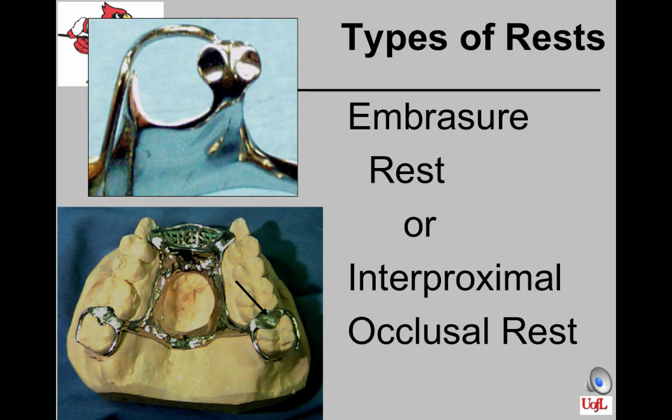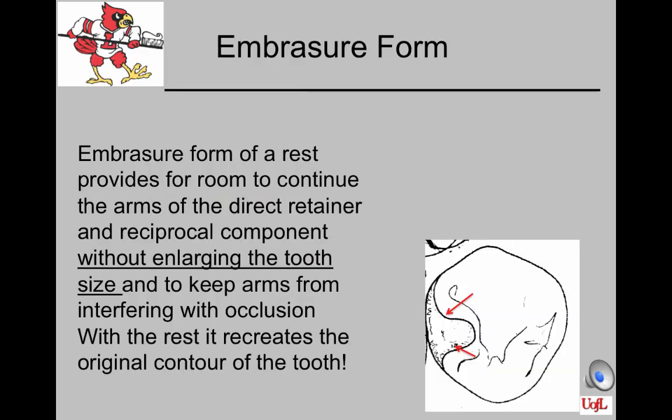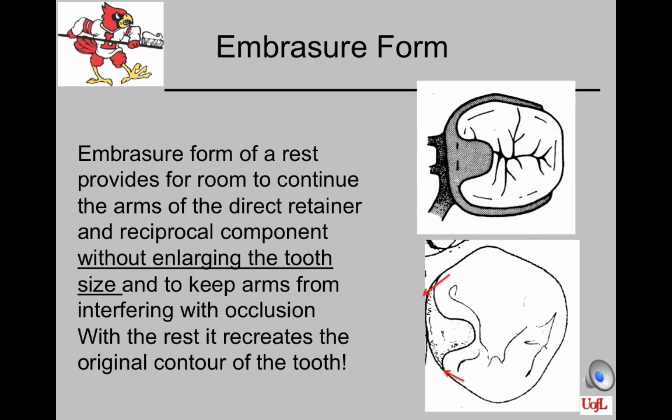That same feeling takes place if we don't use a double rest. The embrasure form of a rest provides room to continue the arms of the direct retainer and reciprocal component through the embrasure without enlarging the tooth size and to keep arms from interfering with occlusion. With the rest, it recreates the original contour of the tooth.